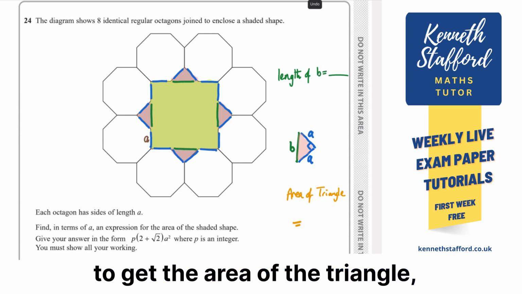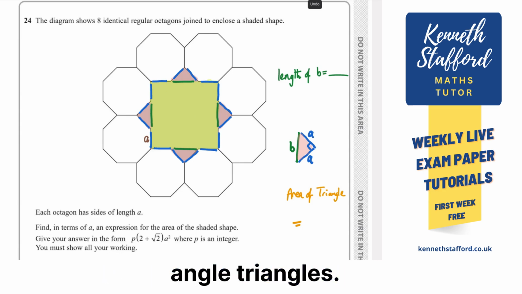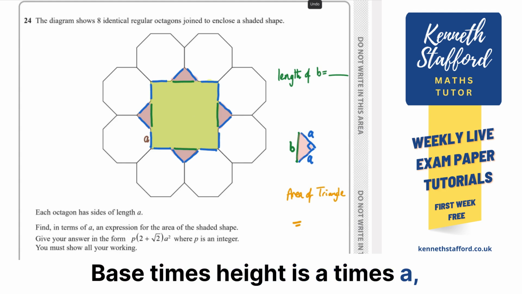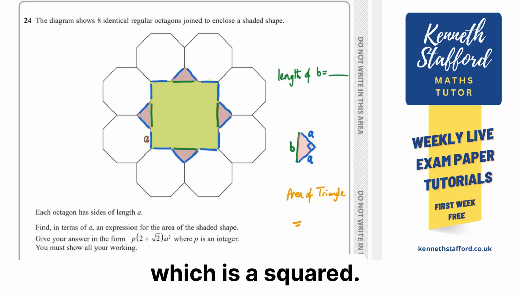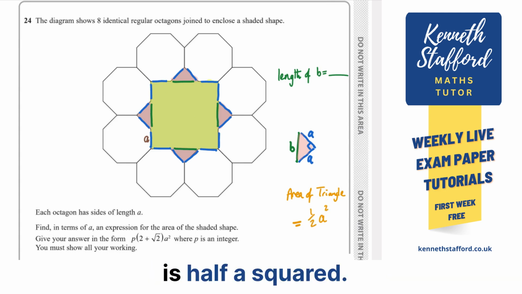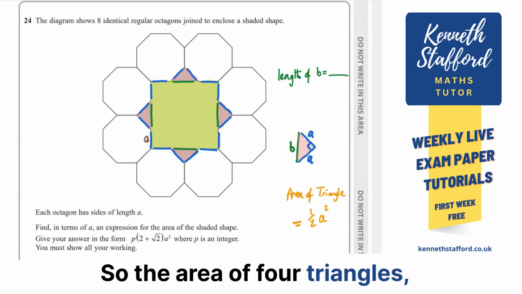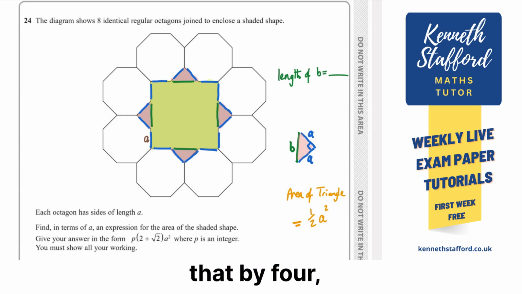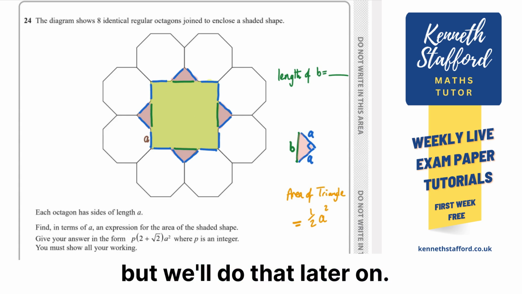To get the area of the triangle, because they're right angle triangles, base times height is a times a, which is a squared. And it's just half of that. So the area of each triangle is half a squared. There's 4 of them. So the area of 4 triangles, we're going to times that by 4. But we'll do that later on.